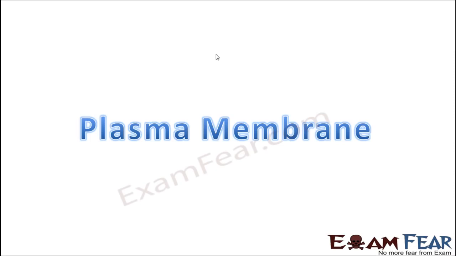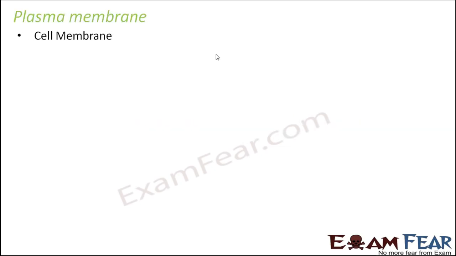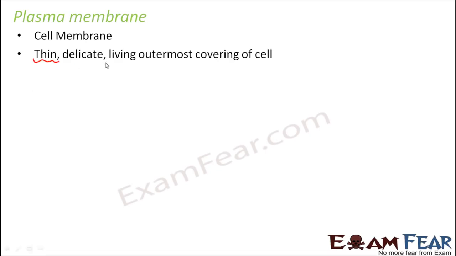We are going to spend quality time trying to understand the structure and function of plasma membrane. As I mentioned before, plasma membrane is also known as cell membrane. It is a thin, delicate, living outermost covering of the cell. So it is not thick, and one important thing is it is living. It is a living layer which encloses the cell.